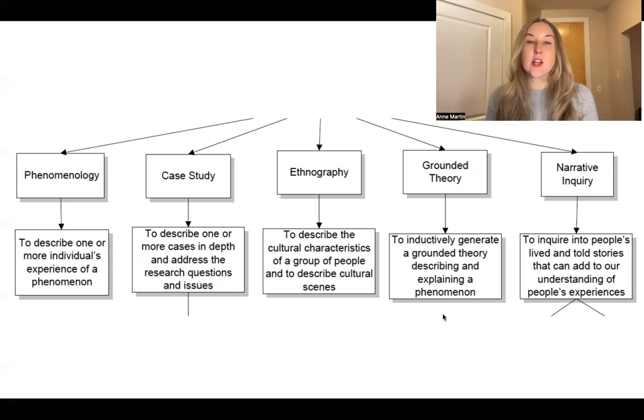Grounded theory is a qualitative method that collects qualitative data about a phenomenon and then uses that data to develop theories about how people function in a particular phenomenon. And narrative inquiry inquires into people's lives, using their lived experiences and stories to understand people's experiences.